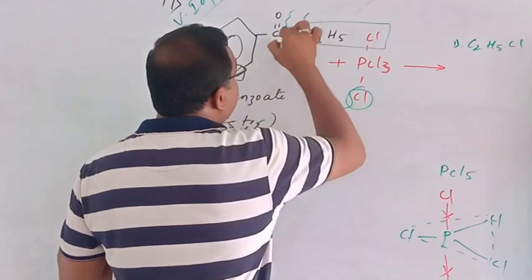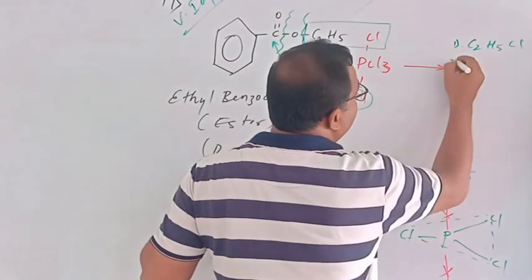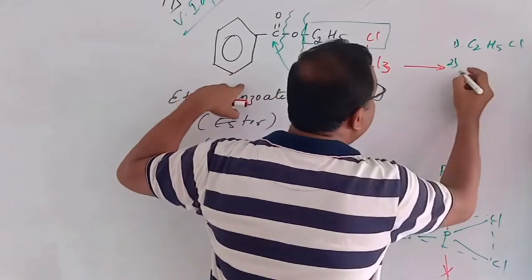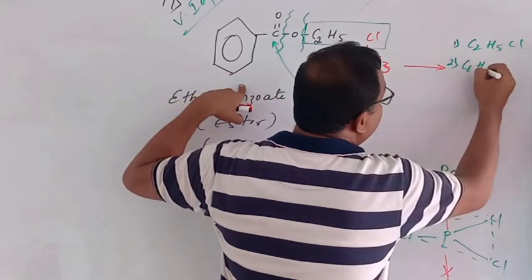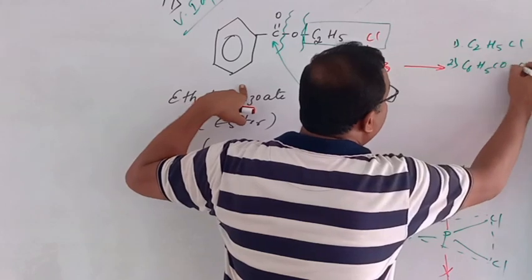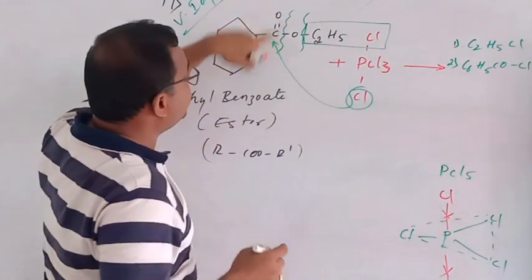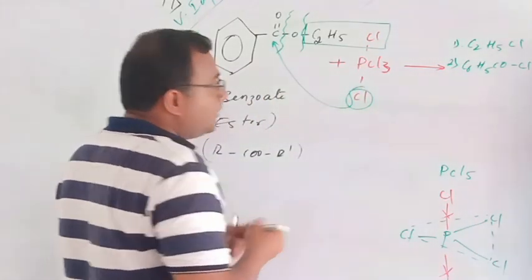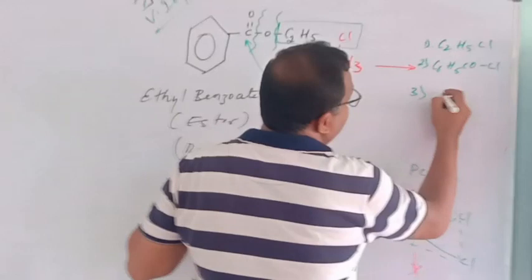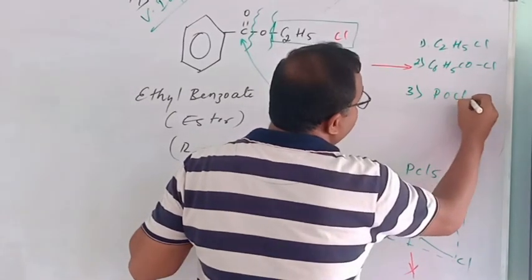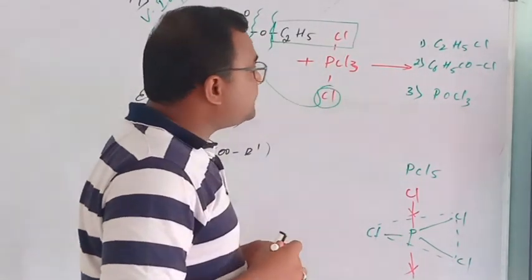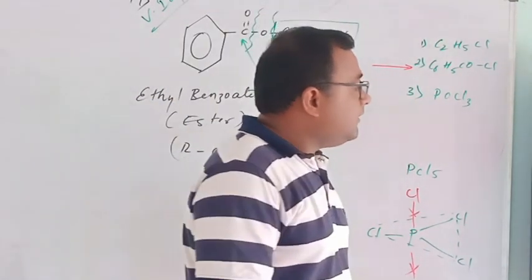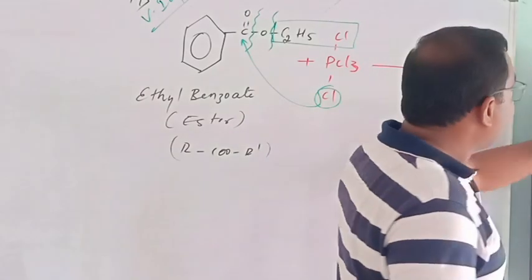This connects here to form the second compound, benzoyl chloride, C6H5COCl, and only the oxygen stays connected with the phosphorus. So the final products formed are C2H5Cl, C6H5COCl and POCl3.